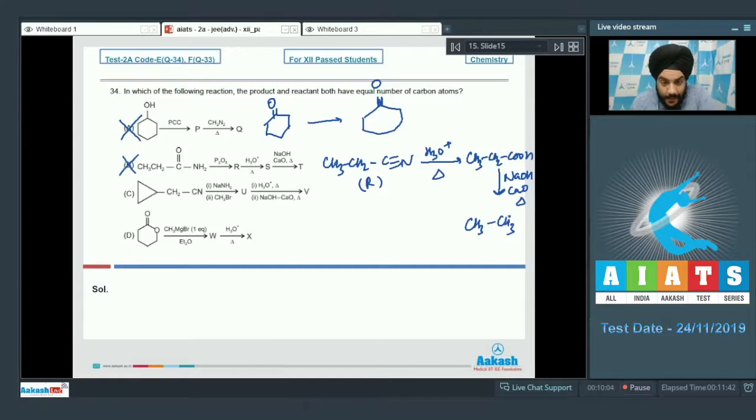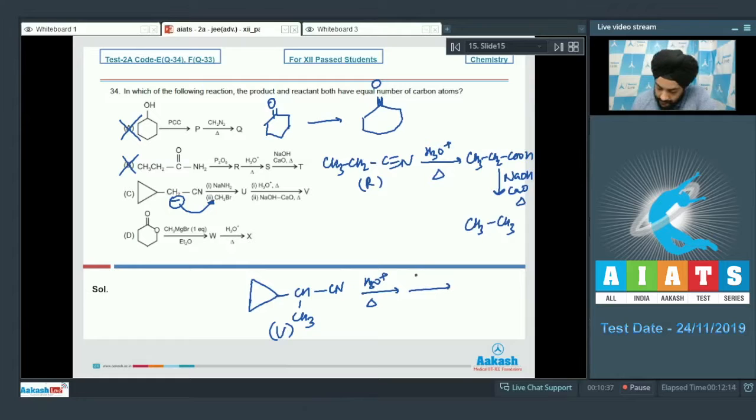Let's talk about the C option now. We have this compound reacting with NaNH2. So the NaNH2 will extract this acidic hydrogen and generate a carbanion which will then attack the CH3Br and make the Br group leave. So we're going to have the formation of this as the compound U. The compound U is then hydrolyzed in presence of heat, and then it is allowed to react with soda lime again in presence of heat.